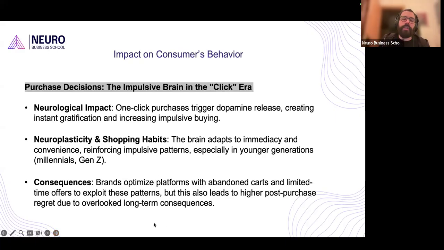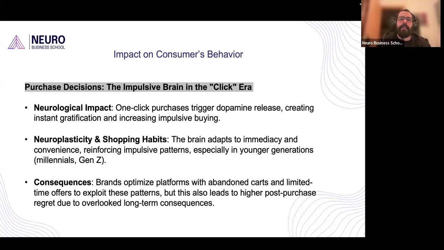Well, purchase decisions. We have an impulsive brain because we are living in an era where we can do so many actions with one click. Before, making a purchase on a website was really difficult, or not difficult, but at least it took longer. Buying clothes on a website took longer, and maybe it didn't feel convenient or comfortable.